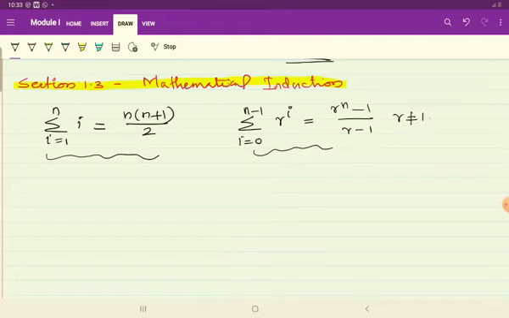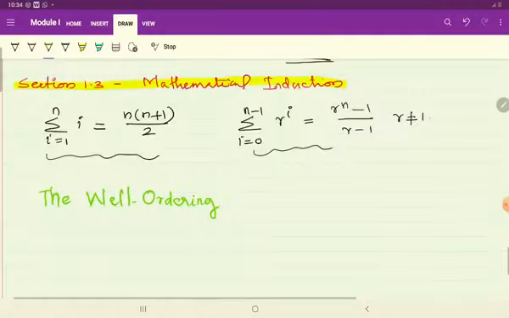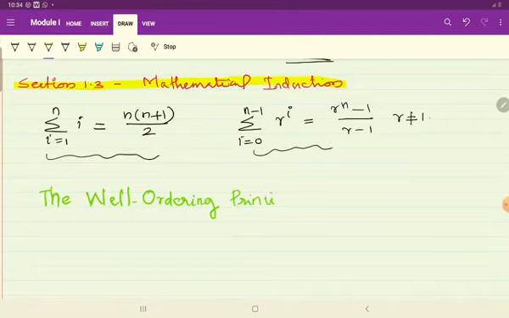Before we move to mathematical induction, we need to know one famous and important property of integers, mainly of positive integers, known as the well ordering principle. This is an important result for positive integers.